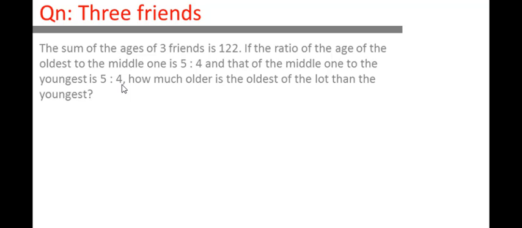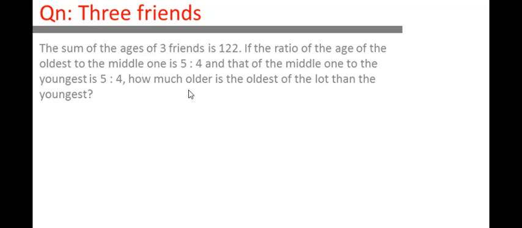So after taking the LCM, I will multiply this 5 with this ratio. So this will become 5 into 5, 25, and 5 into 4, 20. And again, I have taken the LCM of 4 and 5, then I will multiply this 4 with 5, so it becomes 20, and this 4 with 4, so it becomes 16.